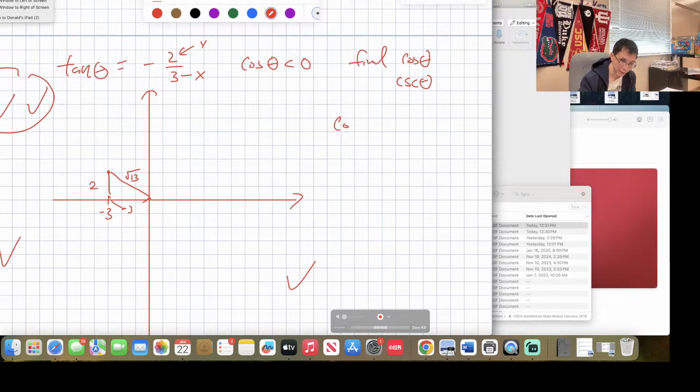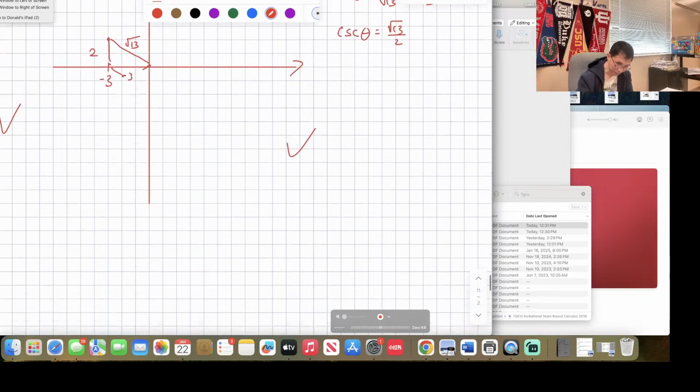Then what's cosine theta? Cosine theta is what? -3 over square root 13, right? Does that make sense? Cosecant theta is equal to what? Square root 13 over 2, right? Yeah. Is that hard? Use the double check system. I'll give you one more.